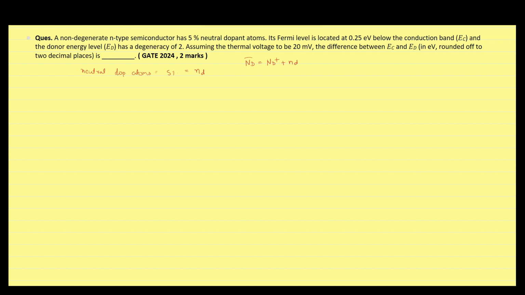This is the doping concentration, this is the concentration of impurities that are ionized, and this is the concentration which is present at neutral state, or which have not absorbed energy sufficient enough to move to the conduction band or to get ionized. So we can say that smaller nd is 0.05 of Nd. Now we put these values in the equation we just discussed.